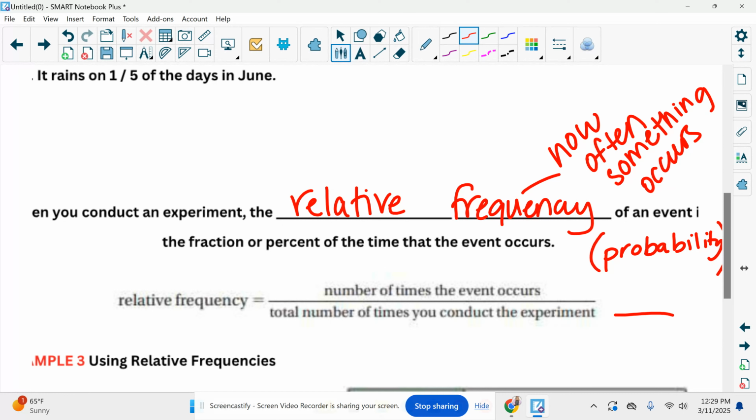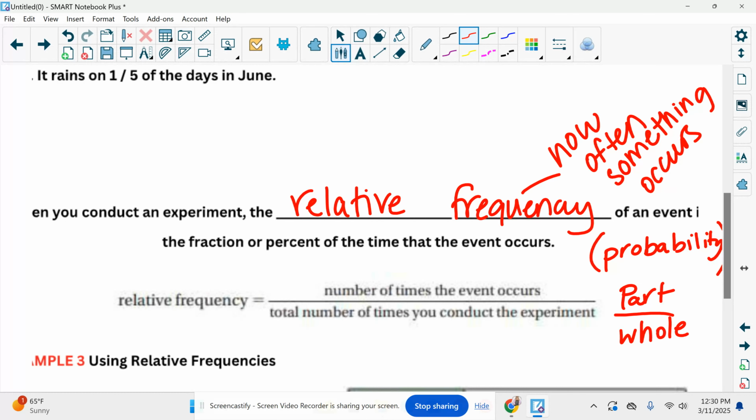The numerator represents part, while the bottom represents whole. And that's the same case here. We're talking about relative frequency. The numerator is the number of times the event happens or occurs, whereas the denominator is the total number of times you conducted the experiment.